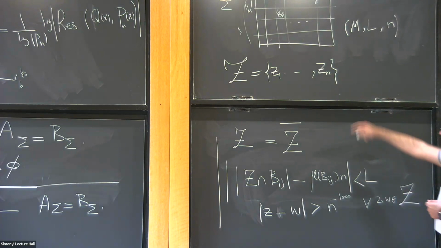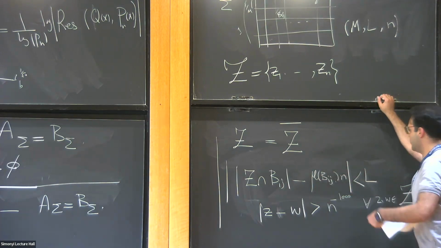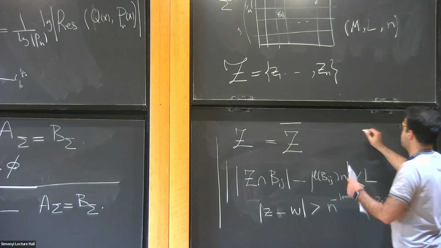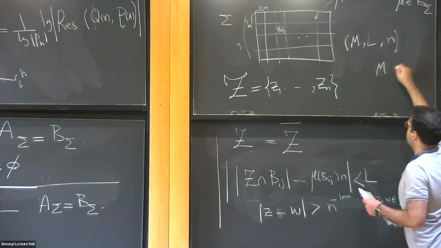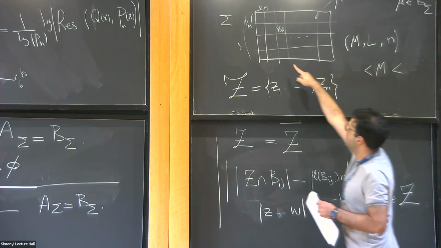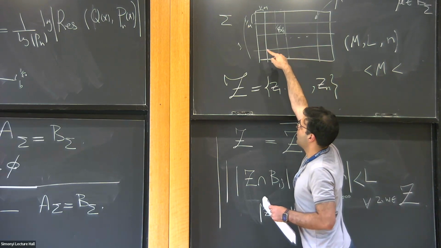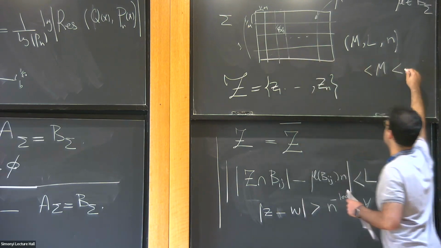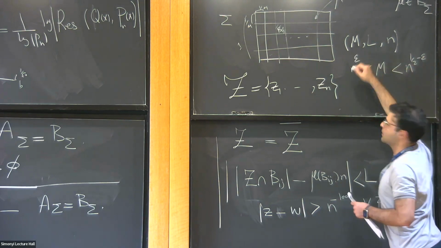In fact, if we just pick IID, it satisfies all these conditions, but we need to put some conditions on the range in which M and L vary. So you expect to have at most n partitions. So M should be less than n to the 1/2 minus epsilon, and bigger than n to the epsilon.